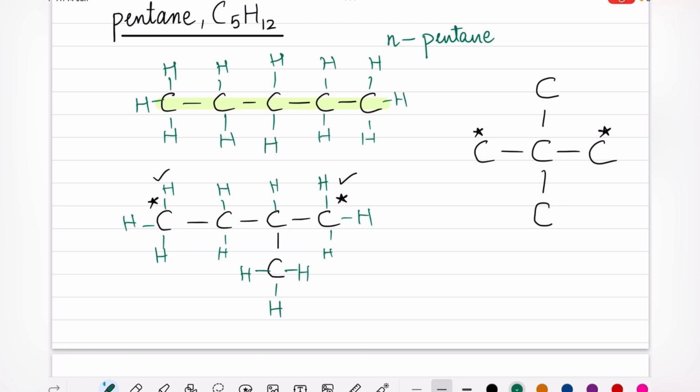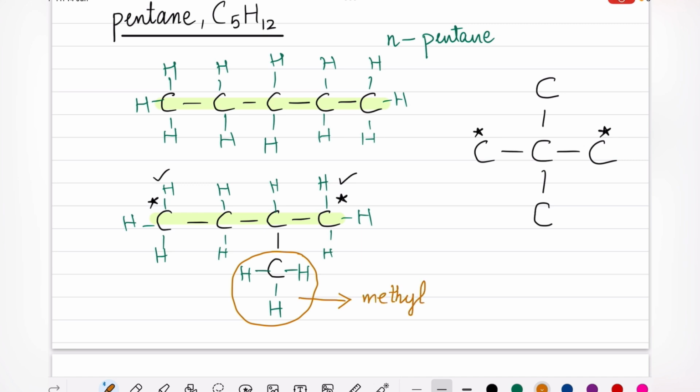Now, according to the rules for naming branched chain alkanes, first of all we have to select the longest continuous chain of carbon atoms to find the main chain. The second rule is to find the branch and name it. This branch consists of 1 carbon atom, so it will be methyl.